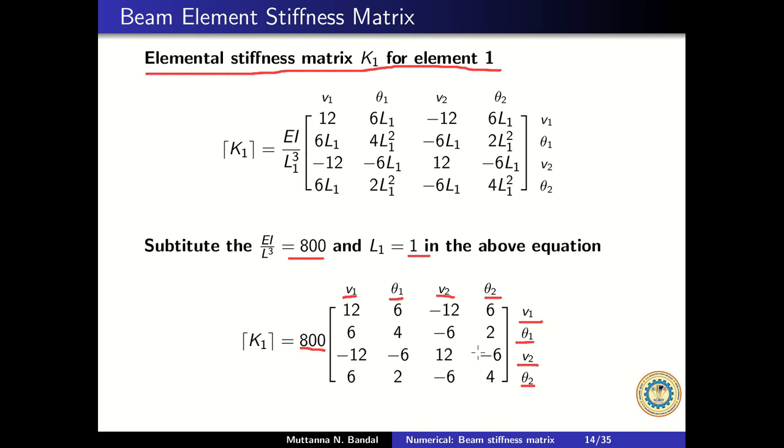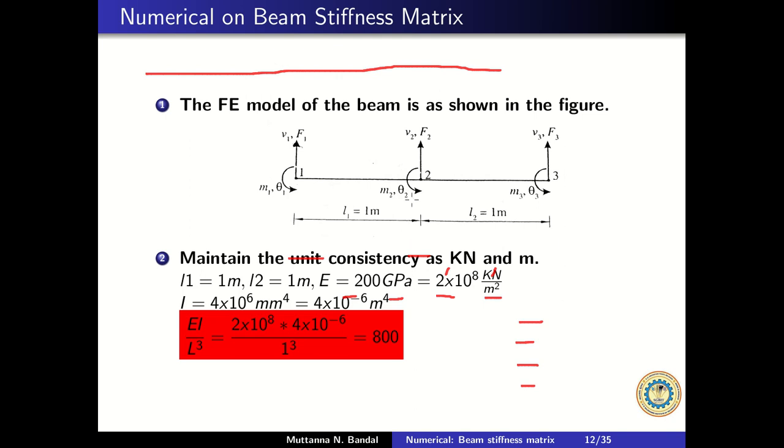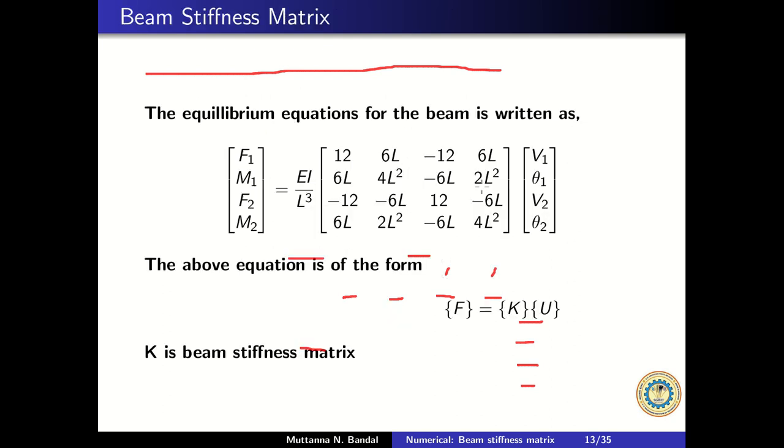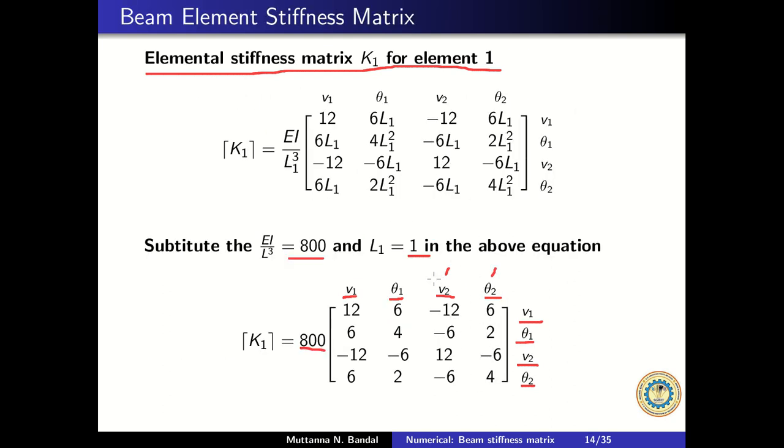I told you this will be useful while assembling the global stiffness matrix. Also remember that V2 and theta 2 is a common node, which will be common to this element and this element. So the connectivity will be there between element 1 and element 2, and it becomes very important to understand and write these nodal parameters.